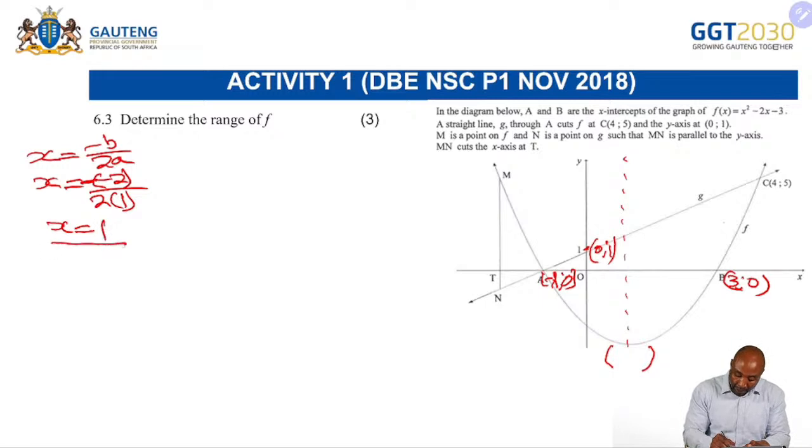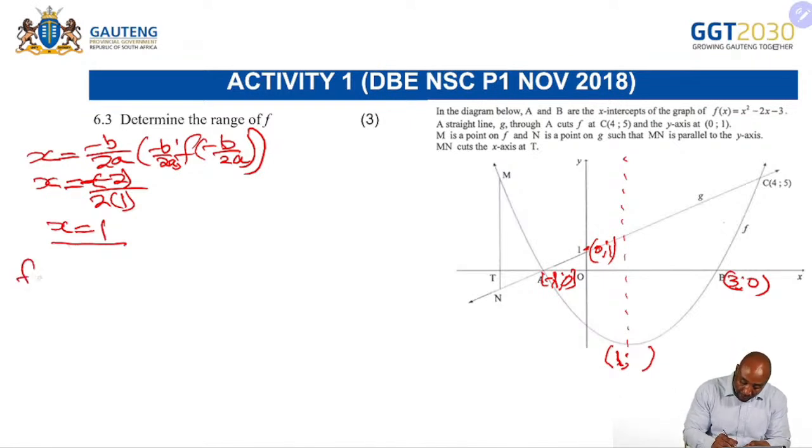Once I get my equation of the axis of symmetry, it gives me the x value at the turning point. And I know that the coordinates at the turning point are -b over 2a and f of -b over 2a. So my x is 1. I evaluate f of 1.